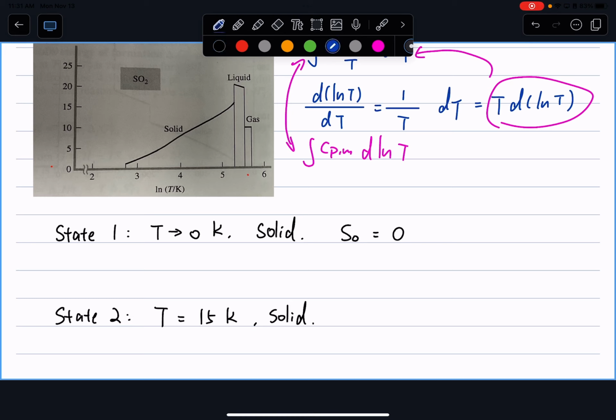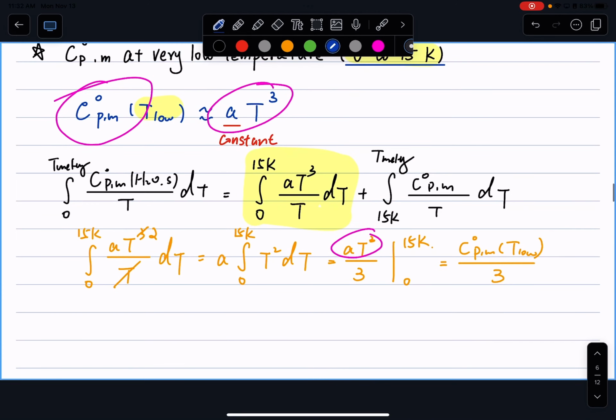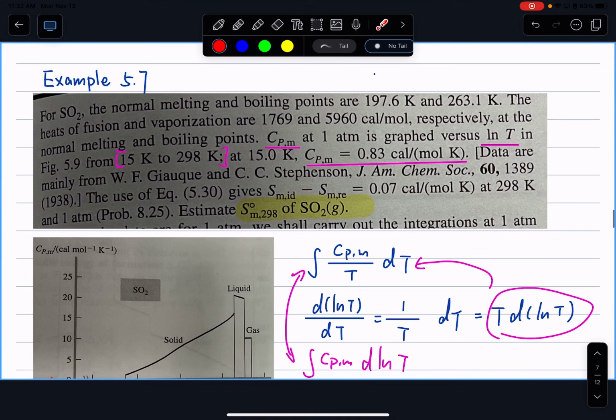For this process, the equation we use for the molar entropy change between 1 and 2 is the one we just derived, which is here: C naught P low T over 3. And do we have that number? We do. We read that at 15 Kelvin, your heat capacity equals a number.